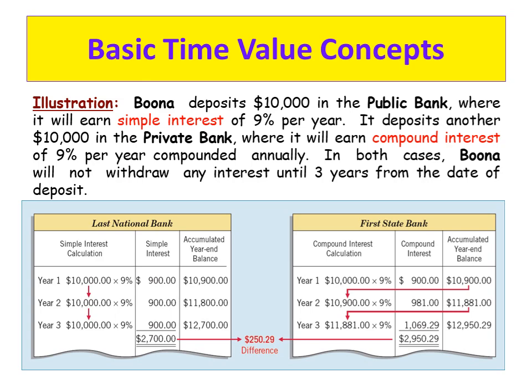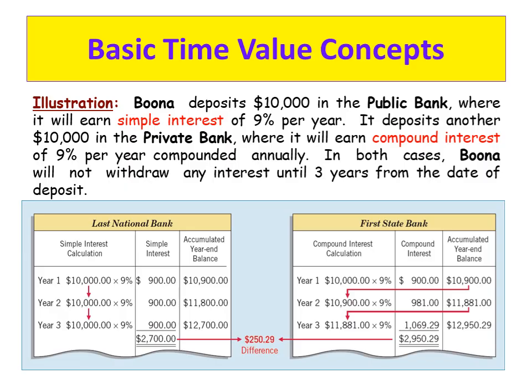Now let us discuss the illustration. The owner deposits 10,000 in the public bank, where it will earn a simple interest of 9% per year.